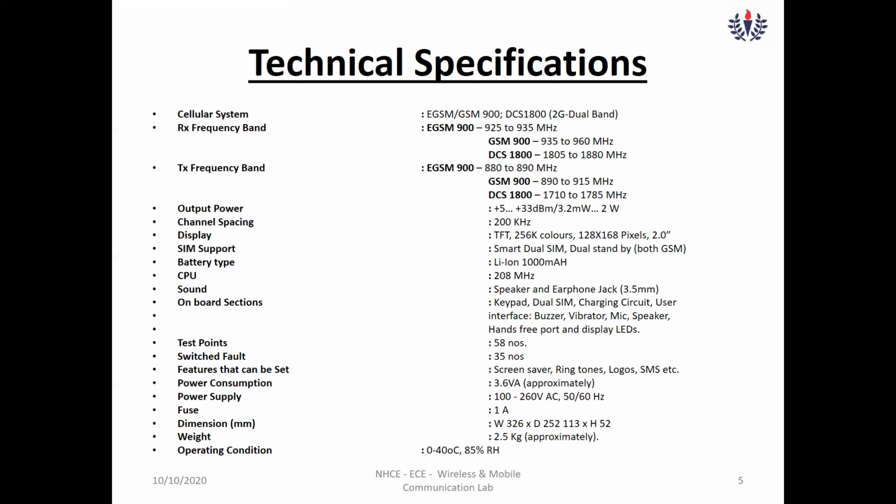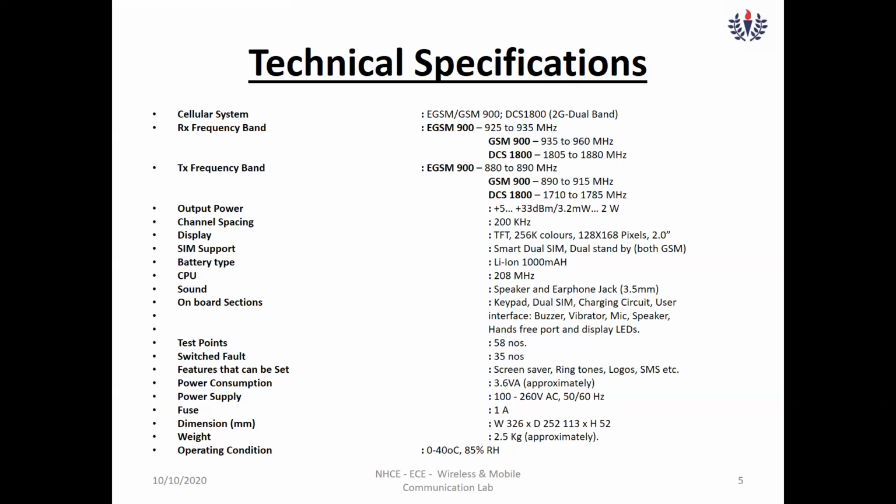The test point is the main part of the trainer kit. It has 58 test points, which means it allows us to measure the data at 58 different points. And in the consecutive slides, I will be explaining what those test points are. And we have a 35 switched fault unit which configures our mobile trainer kit to transmit and receive signals in dual SIM operation.